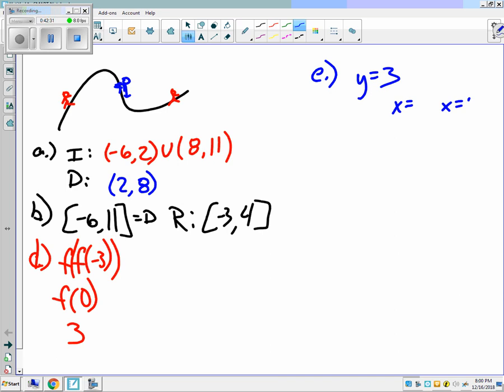So I'm just going to find 3, and I'm just going to trace it across and look at what two x values they're talking about right there. What are the two x values? 0 and 4. And then part F, I just asked the reverse of that. I want you to find the y value when x is -3.